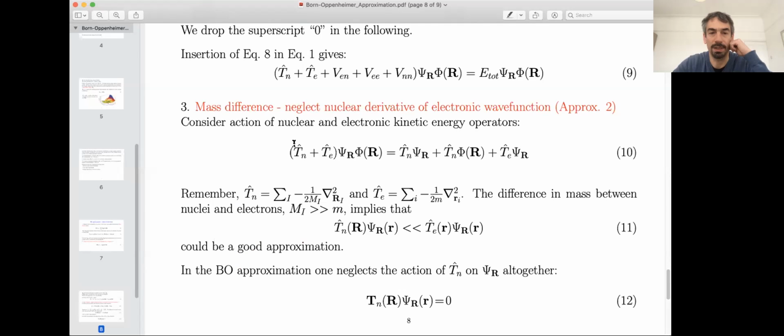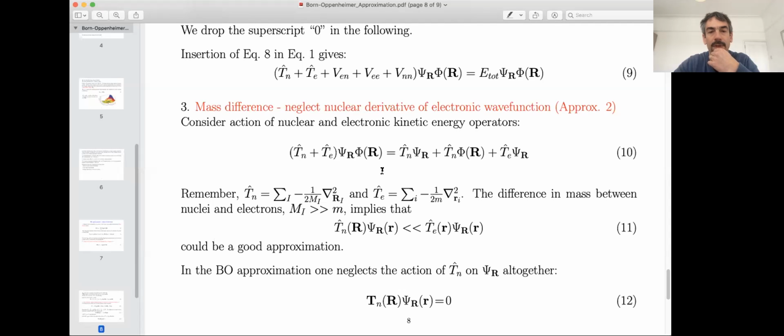One is the nuclear kinetic energy operator, Tn, acting on all the nuclear coordinates, and the electronic kinetic energy operator, operating on all the electronic coordinates. The collection of the nuclear coordinates I represent by a capital R, and the collection of all the electronic coordinates by a small r.